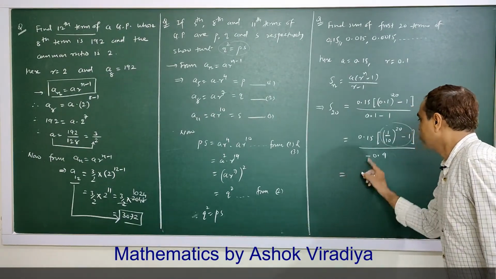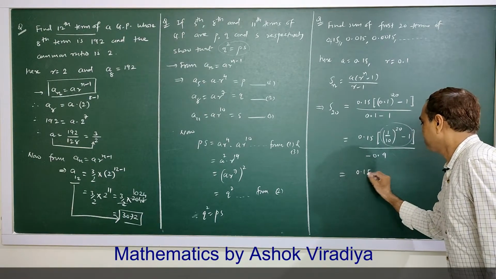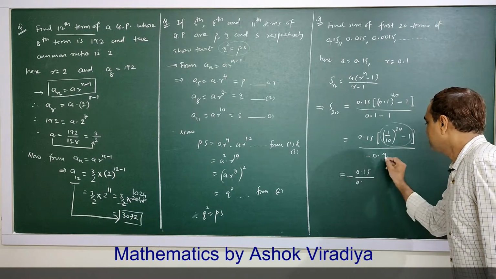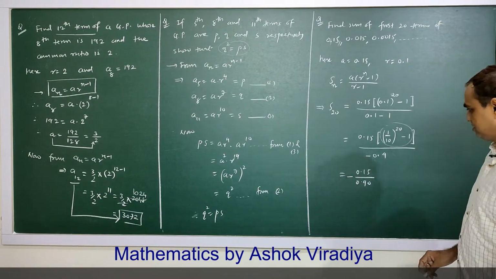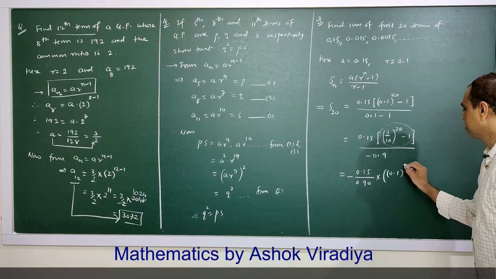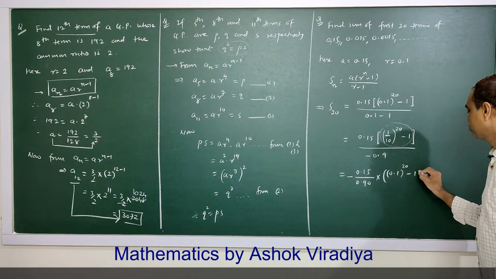So it is equal to 0.15 upon, keeping the minus as the main sign, this number I am putting as 0.90, into 0.1 raised to 20 minus 1.